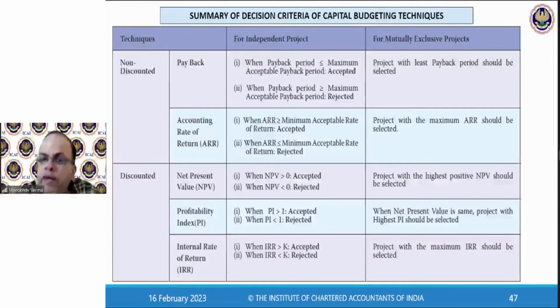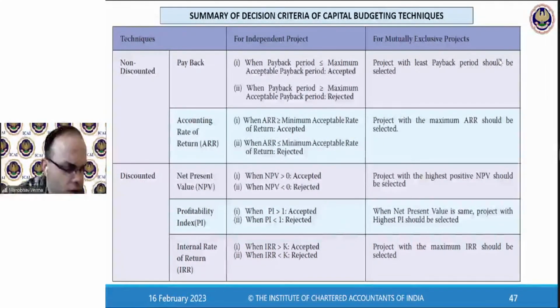We talked about NPV, highest NPV, with capital rationing being an exception we discussed today. Profitability index: if NPV is the same, a higher PI will be selected. IRR, again, the maximum IRR to be selected, and I correlated how IRR is compared with WACC for acceptance or rejection of a project.